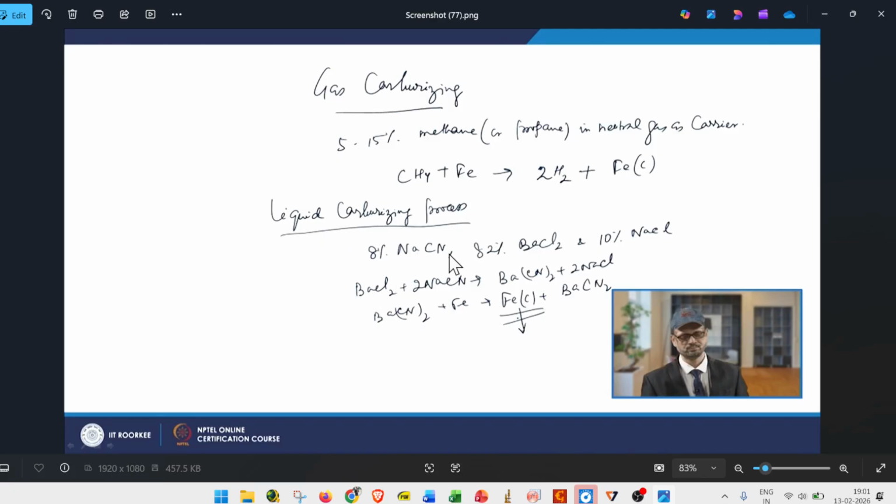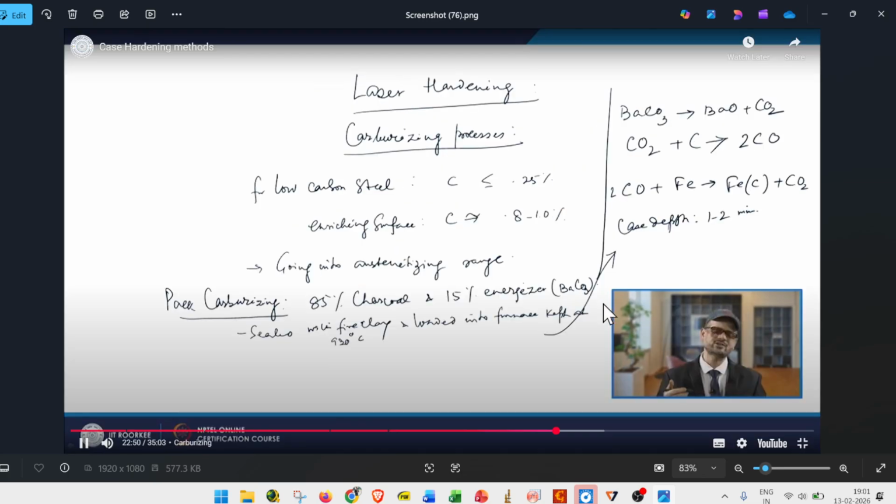Or in liquid form, if we put in a NaCl solution with BaCl2, it will react with the iron and form FeC and BaCN2. And for the solid phase, we use 80 to 85% charcoal and 50% BaCO3, add some fly ash also, and heat to a temperature of 930 degrees centigrade.